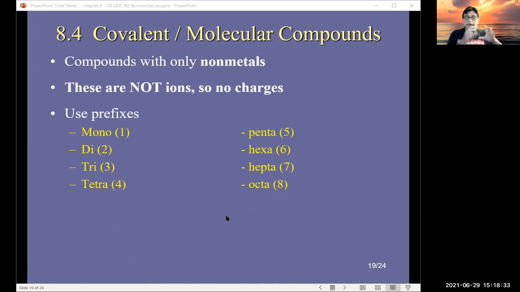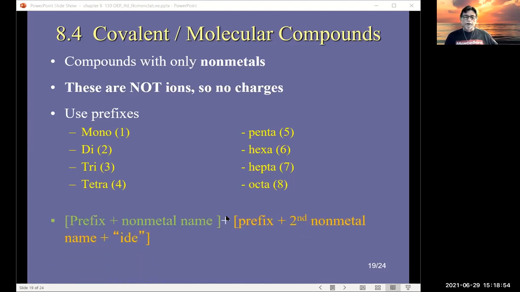We use the prefix mono for 1, di for 2, tri for 3, tetra for 4, penta for 5, hexa for 6, hepta for 7, octa for 8, nona, N-O-N-A, for 9, and deca for 10, if we need it.